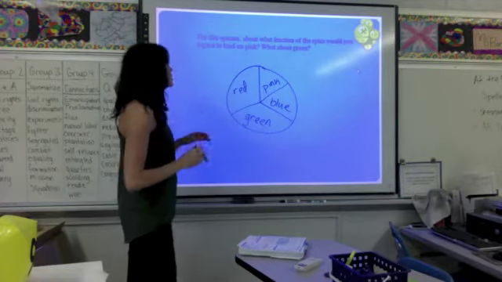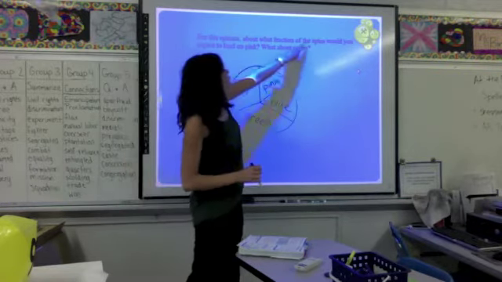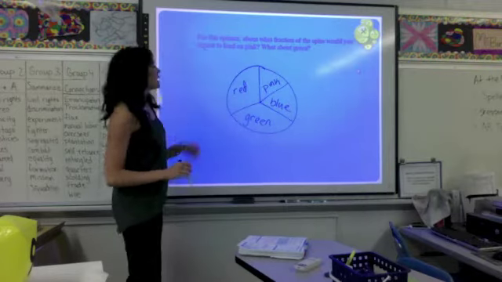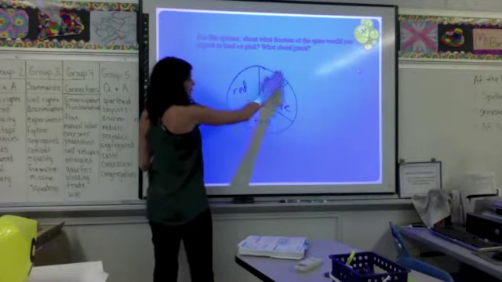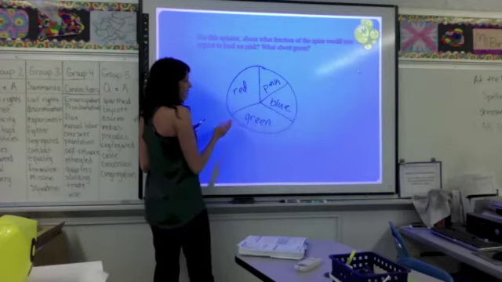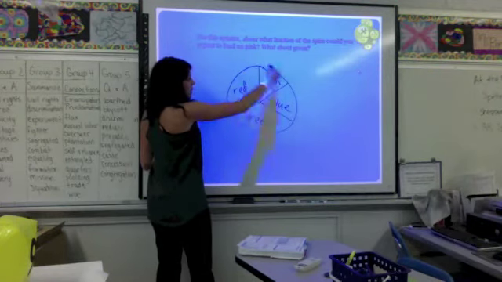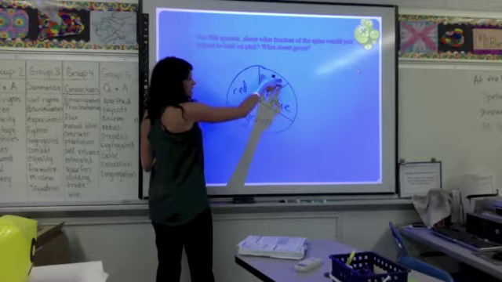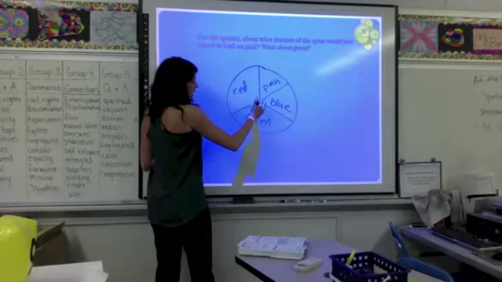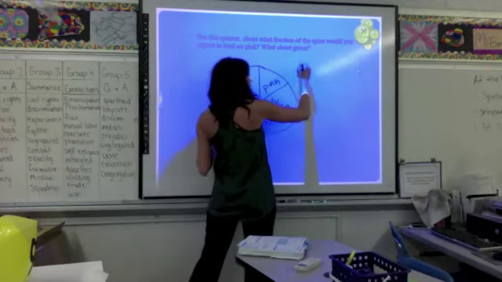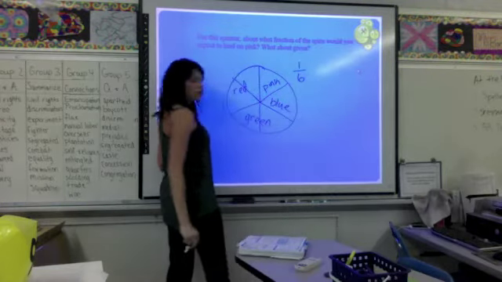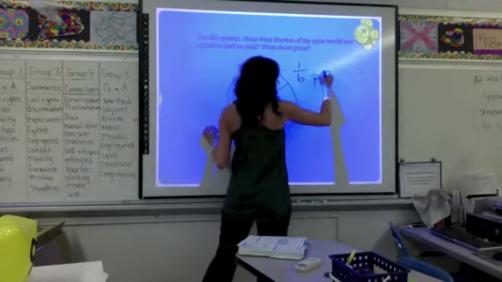So the first question is, what fraction of the spins would you expect to land on pink? So this third over here, represented by pink and blue, is divided in half. So if I were to divide my entire circle into sections this big, I would have 6 sections. So I know that 1/6 of the spinner is pink.